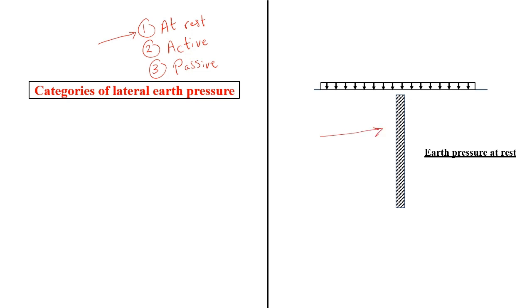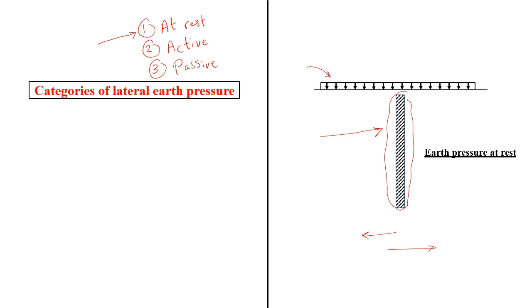In this case, the retaining wall is not forced to move in any direction, neither to the left nor to the right. So the retaining wall will remain at rest, positioned in its place.